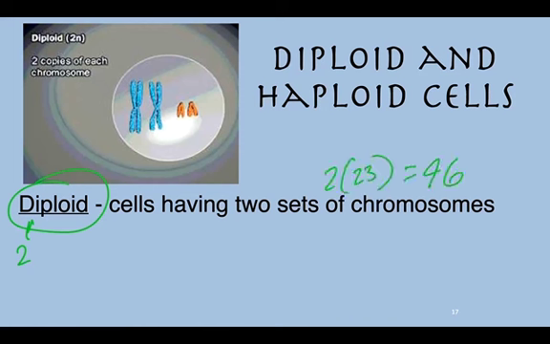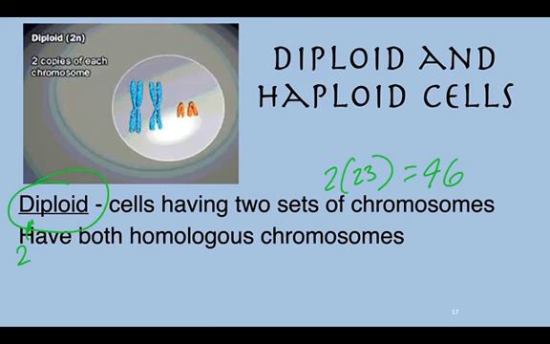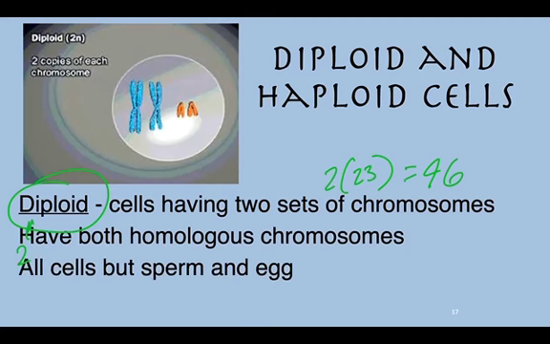We've got all 46 chromosomes, 2 copies of each chromosome. So you have both homologous chromosomes in all of your cells except sperm and egg. We abbreviate this as 2N. You can see that up here, 2N.